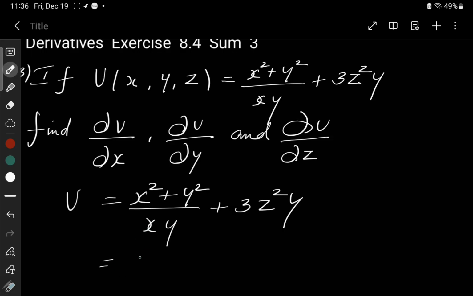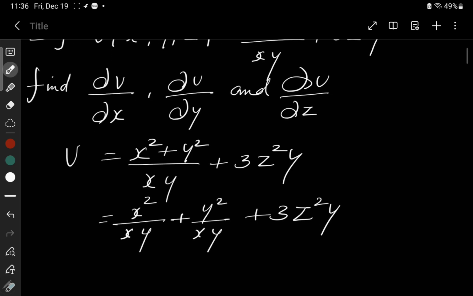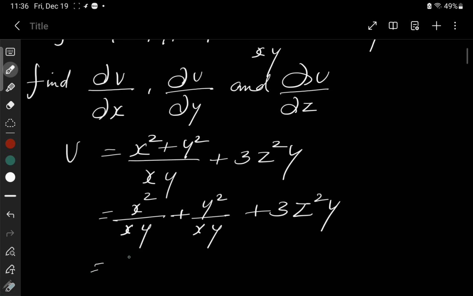I split this fraction, that is x squared by xy plus y squared by xy, plus 3z squared y. So x cancels, and you are getting x by y plus y by x plus 3z squared y. This is your function u.